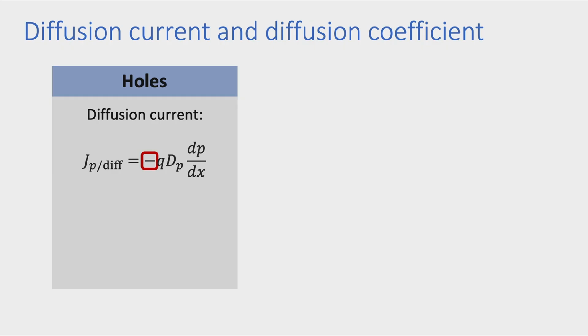That is, opposite to the derivative of concentration, dP over dx. The elementary charge Q is also used here to convert the hole flux to electric current. Finally, you see the term DP, or diffusion coefficient for holes. You can see that the diffusion coefficient depends on temperature and the hole mobility along with constants Kb and Q that you should by now be familiar with.